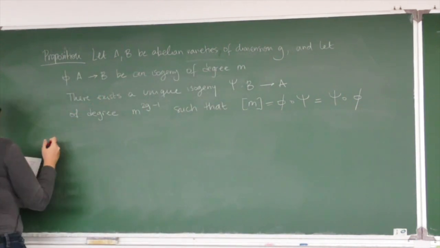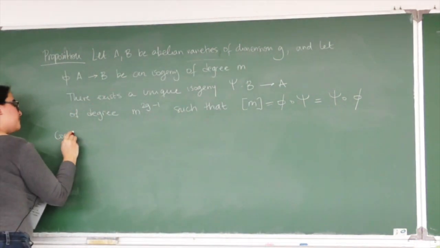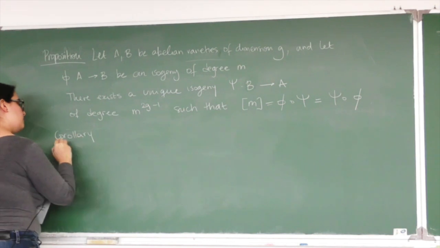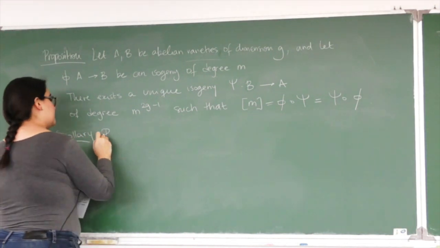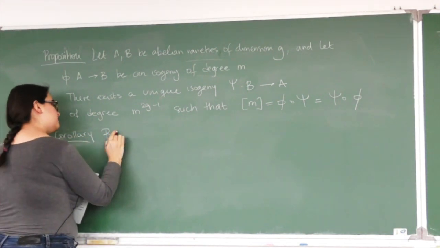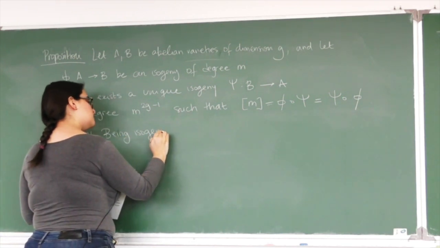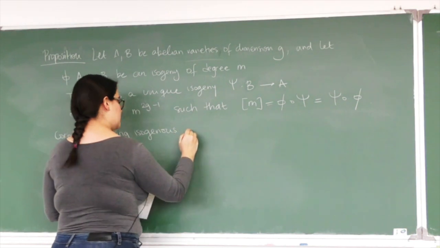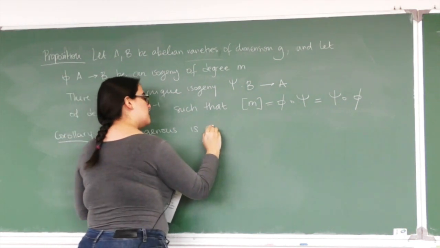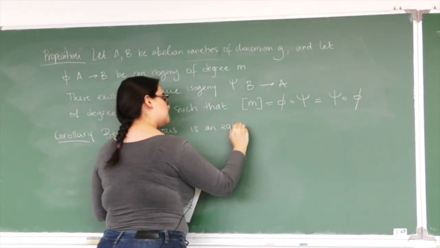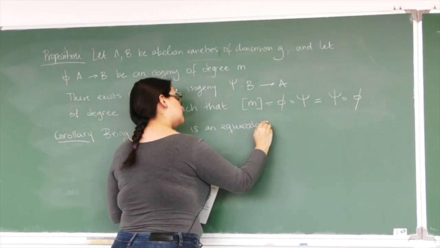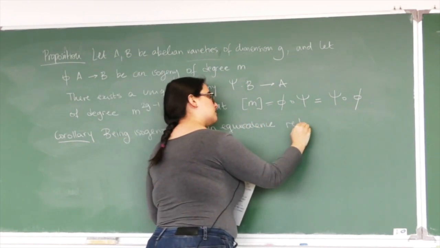And what this actually gives us is the following corollary. Being isogenous is an equivalence relation.